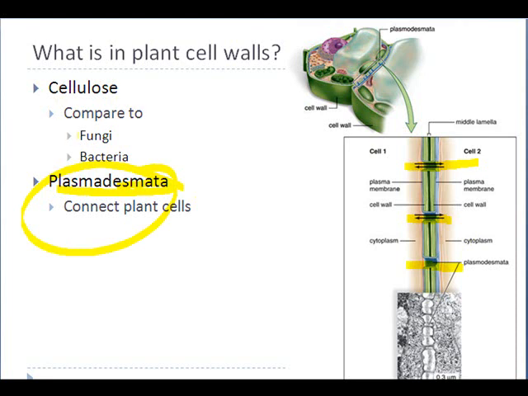Cellulose is mainly present in plant cells. The cell walls of plants are different from the ones present in fungi and bacteria. Fungi and bacteria will have a slightly different consistency of cell wall, and we'll talk about those when we get to those sections.